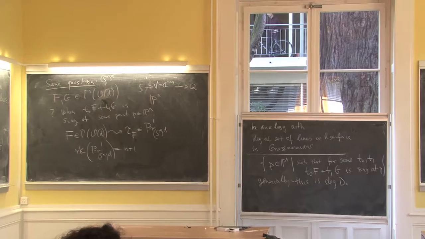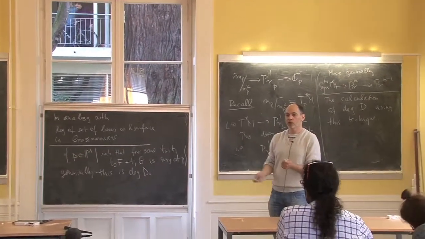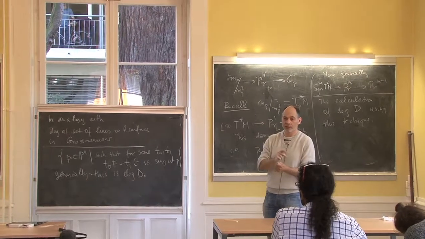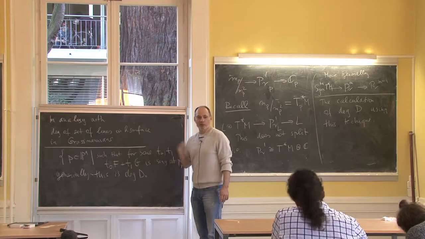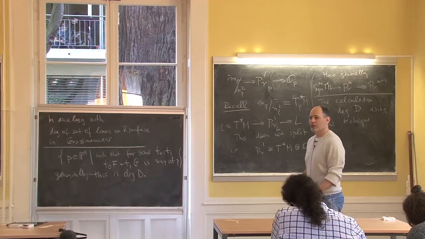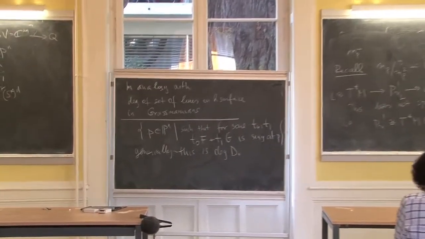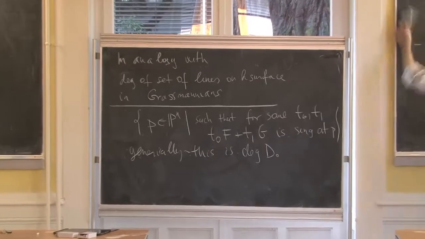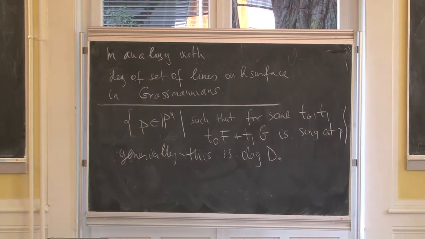What I'm doing now is slightly different. I look at the family and I count all singular points. But since each singular hypersurface generically has only one singular point, this will actually count the number of singular hypersurfaces in the pencil. Okay, that's the idea. So it's a little clever, but this method is much more general. And so the calculation from here is easy.